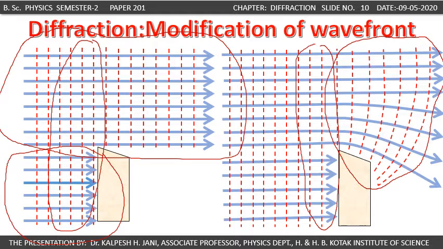So it was the genius of Huygens who gave an extraordinary explanation of how one wavefront can give rise to the other wavefront, and he was also able to give the reason for this type of modification of wavefront after it encounters an obstacle. Why should wavefronts be modified in this way? That was also explained by Huygens. So that we shall see in the next slide.